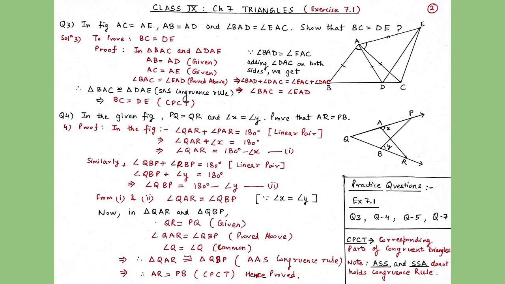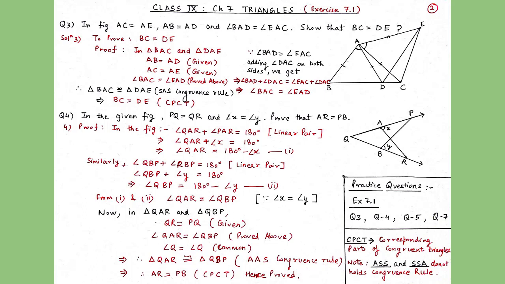So in triangle BAC and triangle DAE, angle BAC is equal to angle EAD, and the reason is what we have proved above. So triangle BAC is congruent to triangle DAE, and the congruency criteria is side angle side. So we can say that BC is equal to DE by CPCT because triangle BAC is congruent to triangle DAE.